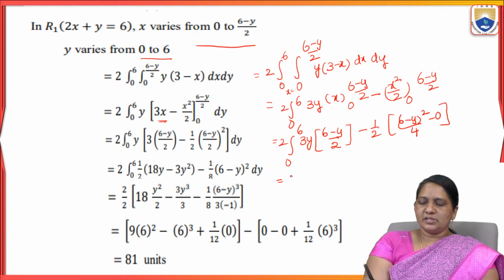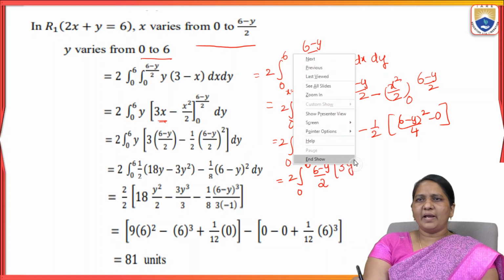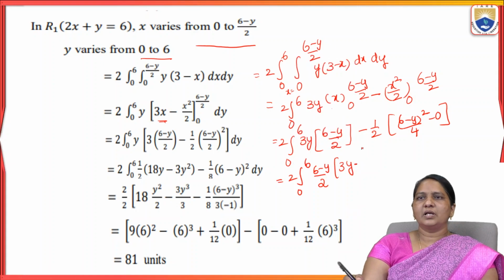So finally this is 2 integral 0 to 6. We have to simplify this equation. Here (6 minus y) is common, right? So taking (6 minus y) by 2 common, 3y minus 1 by 2 times (6 minus y) by 2.